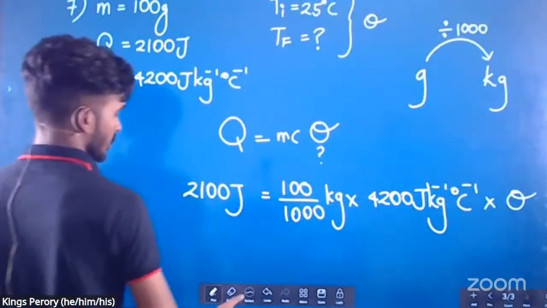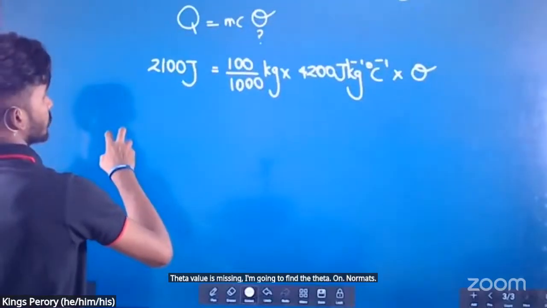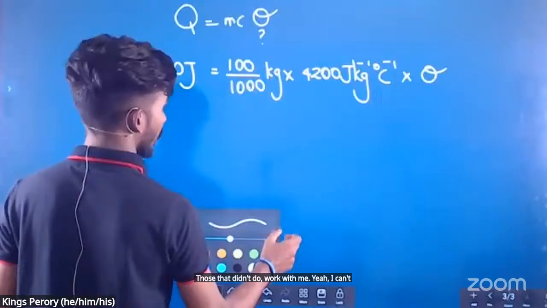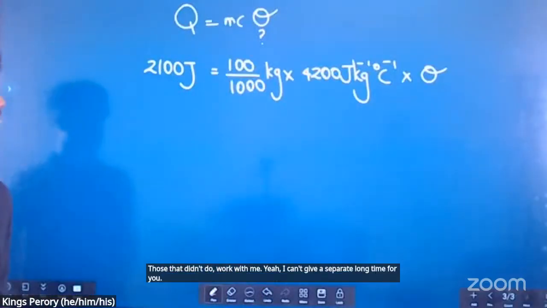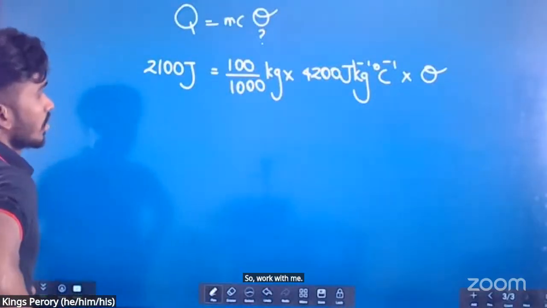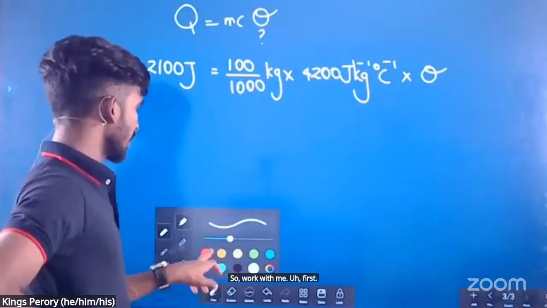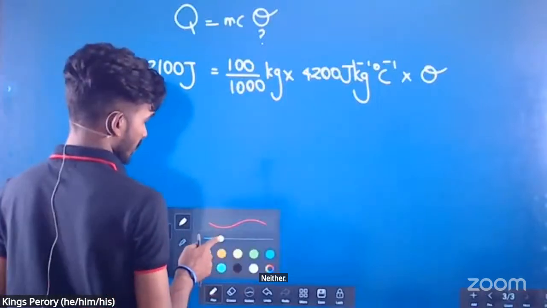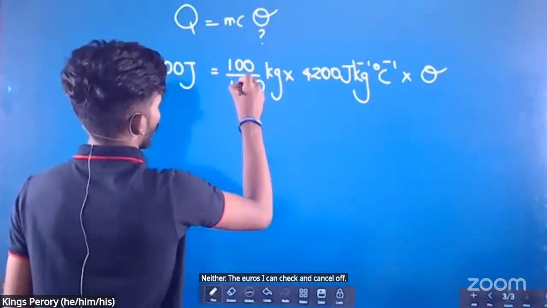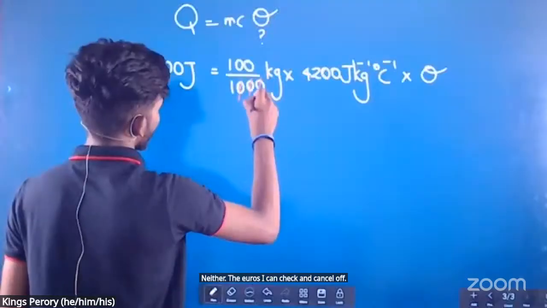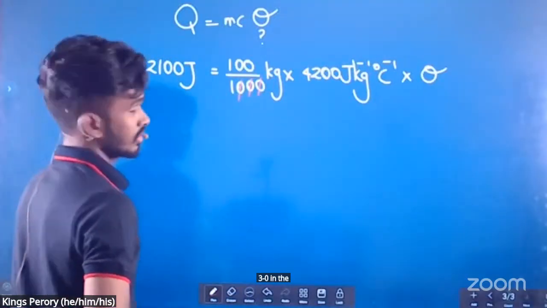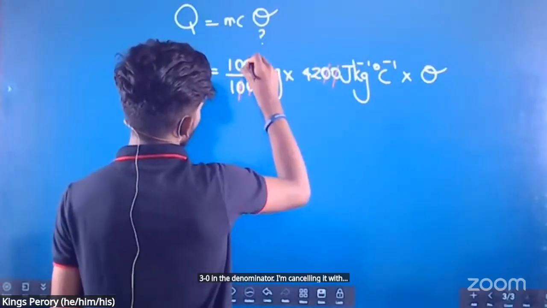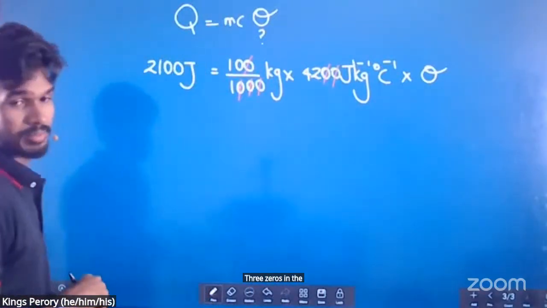Now the maths. Those who didn't finish, work with me. First, we can cancel off the zeros. There are three zeros in the denominator, and I cancel them with three zeros in the numerator.